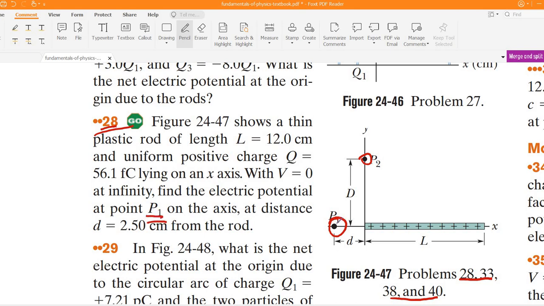So if you remember the previous problem we talked about, that is problem 26, I guess, this problem should be less complicated compared to the previous one. So I think at this stage we all know what to do. So capital Q is given, L is given, and D is given, right?